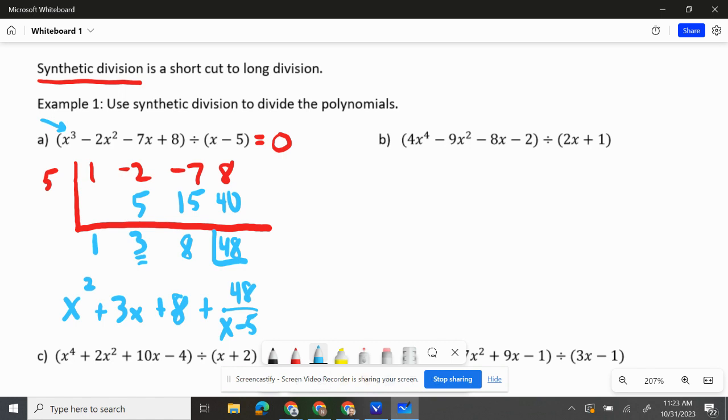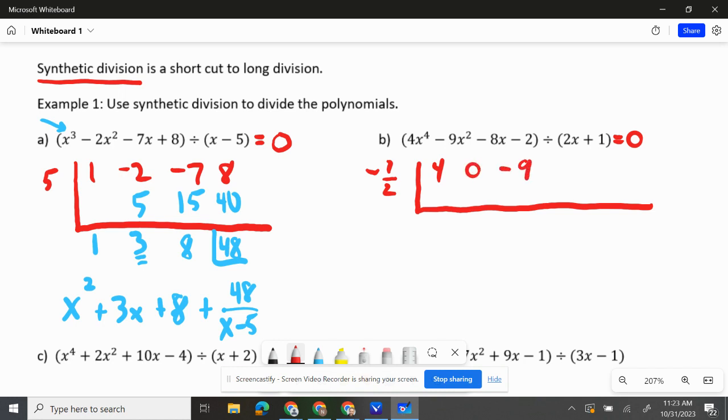Now, letter B. Once again, we're going to start off with setting our binomial equal to 0, and that would give us -1/2. And then we're going to take the coefficients. So we have 4. Notice that there's no cube, so 0, -9, -8, and -2.